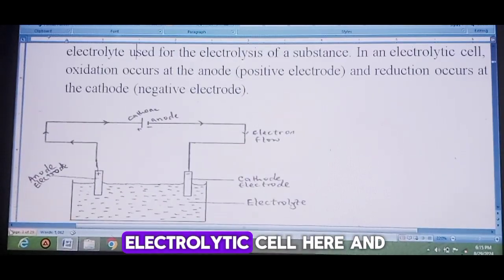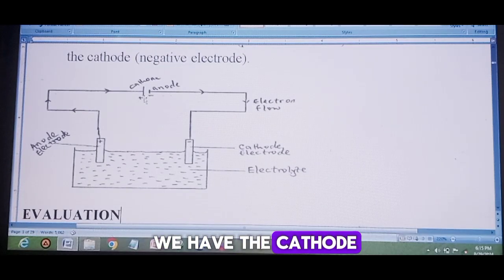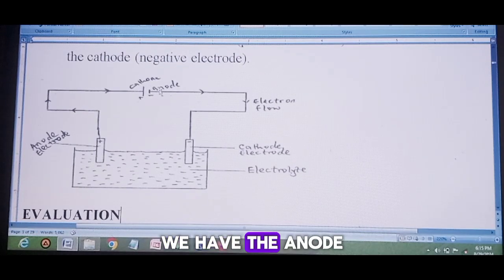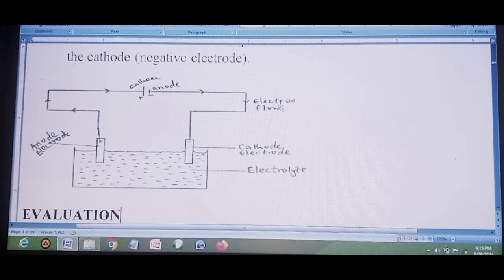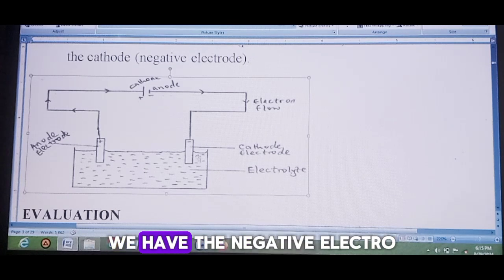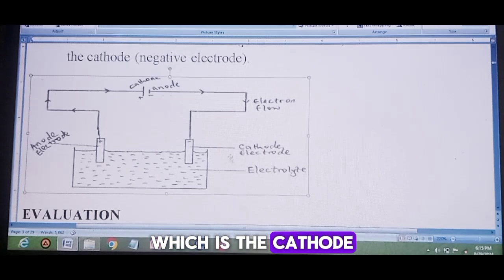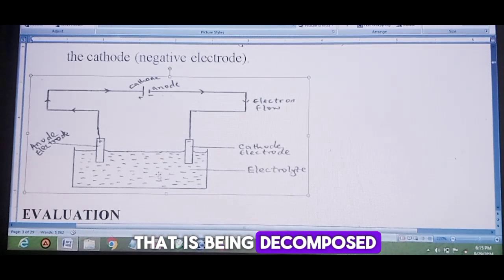Now, we have the electrolytic cell here, and we have the cathode, we have the anode, we have the electron flow. We have the positive electrode, which is the anode, we have the negative electrode, which is the cathode, and we have the electrolyte, which is the compound that is being decomposed.